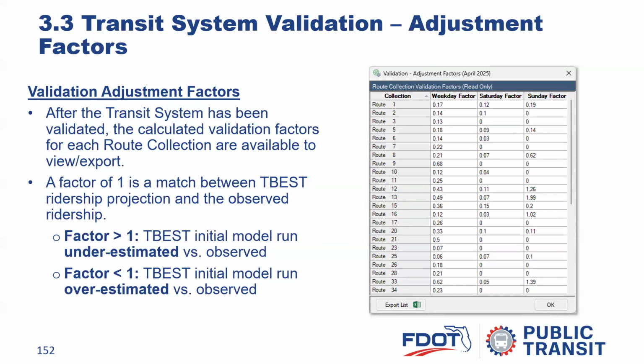If the factor is greater than 1, then TBEST has underestimated versus the observed. If the factor is less than 1, then TBEST has overestimated versus the observed. So it gives you an idea on a route level how well the overall fitting is with what TBEST predicts relative to what the observed is, and also how it's going to be adjusted, right? These are letting you know that each one of these routes is going to be adjusted in a certain way.